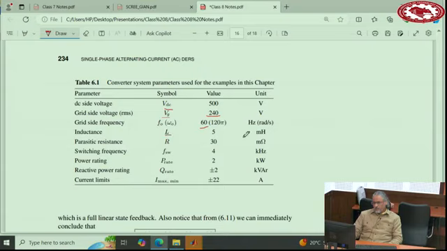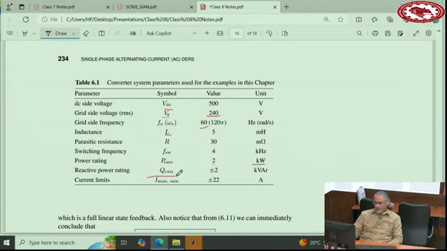L is 5 millihenry, R is 30 milliohm, switching frequency 4 kilohertz, power rating 2 kilowatt. So we want to feed 2 kilowatt. Also reactive power rating, you need to define that also. Let's say plus minus 2 kilowatt. So we can have both sides, supplying reactive power or absorbing reactive power.